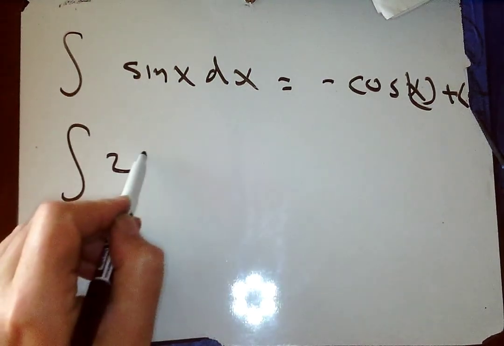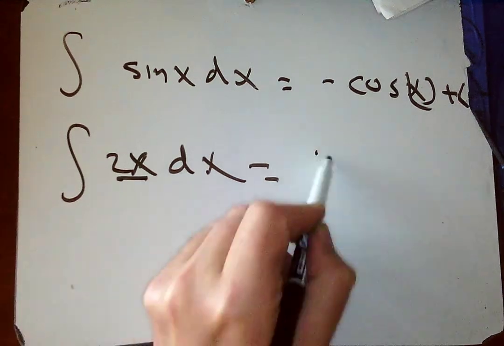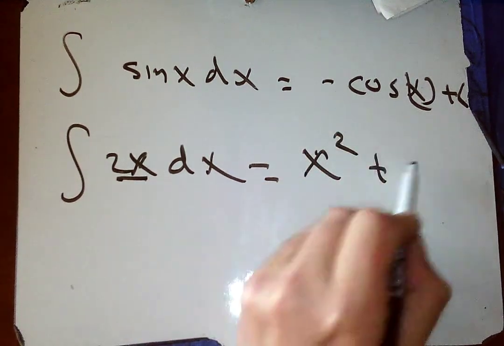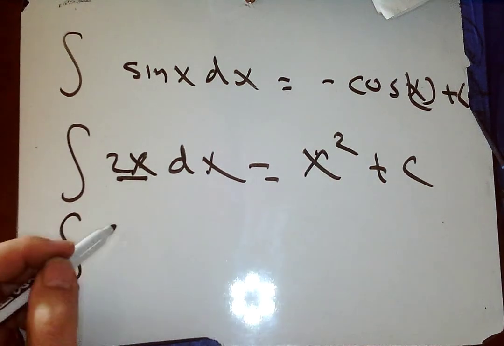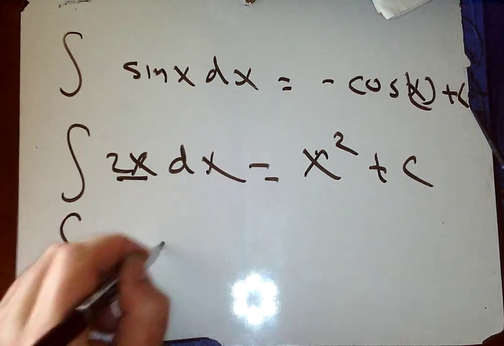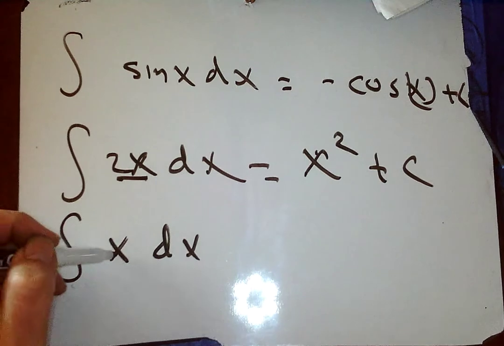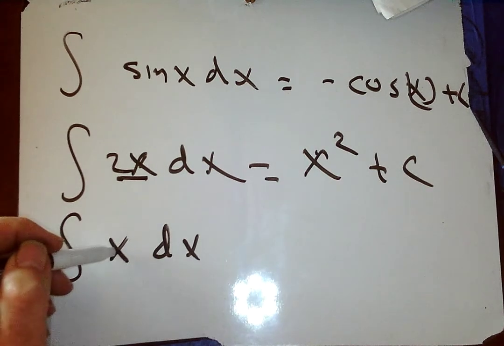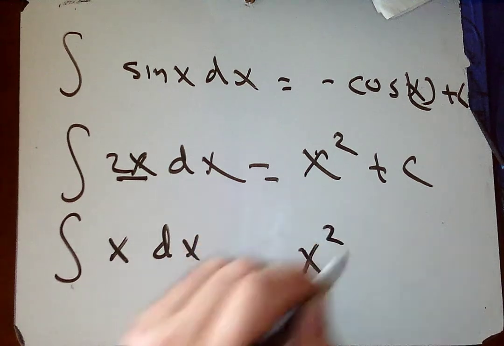So, for example, if I see 2x dx, I think, oh, you're the derivative of x squared. Don't forget the plus c. But what if I see something like x dx? I know that for the antiderivative I have to add 1 to that power, so I think, okay, you're x squared.